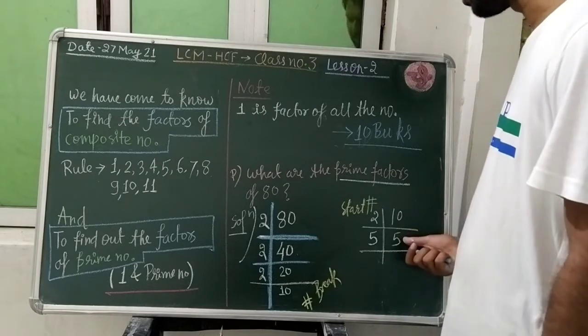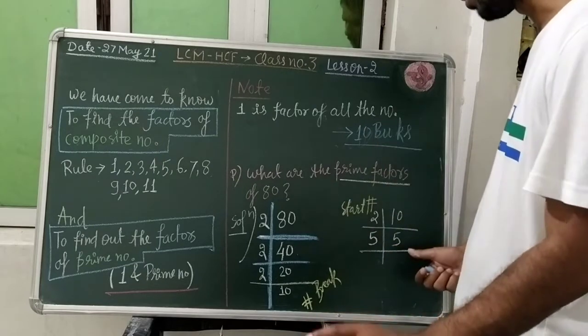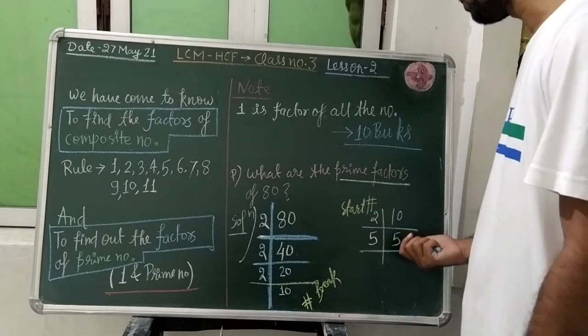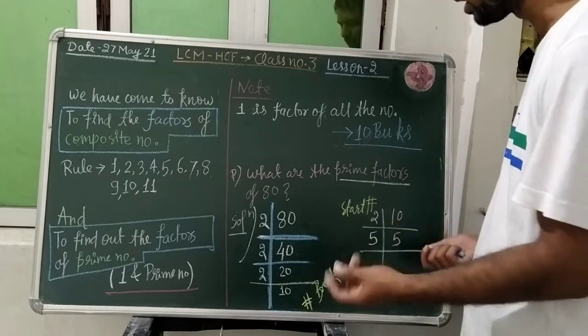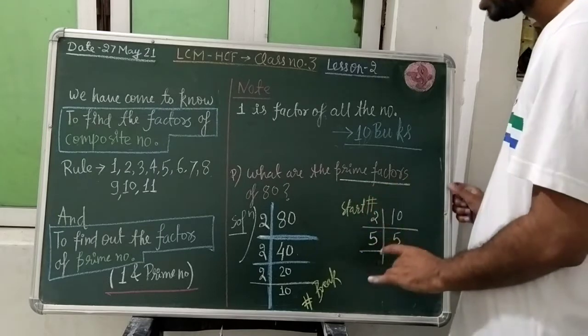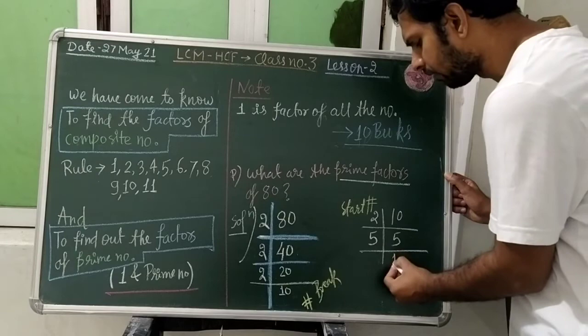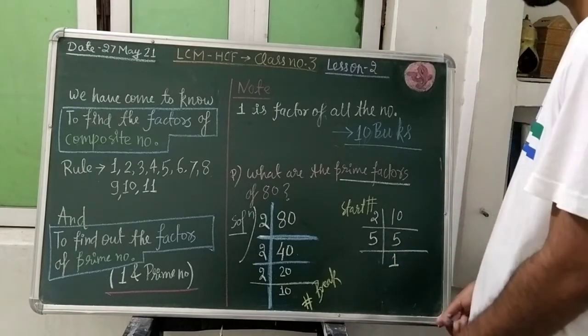What are prime numbers? Numbers greater than 1 which are divisible by 1 and itself only. 1 is going to divide this, but we shall not talk about that one. What will be the next number which will divide this 5? Of course it is a prime number, so the number itself is going to divide this. So we shall select 5 here, and we will get 1.